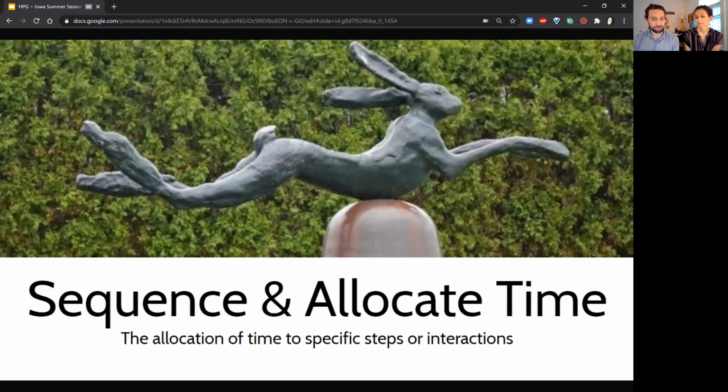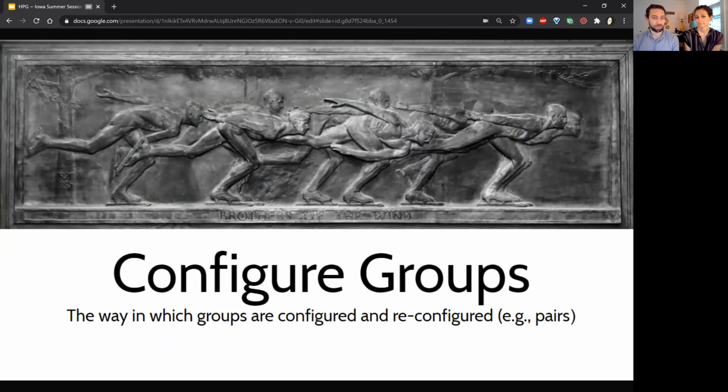The sequence and allocation of time, again, is about how much time is allocated to each part of an interaction. Configuration of groups, as Anna described, often is the number of people in a particular interaction, and sometimes the configurations can be related to role or function, but infrequently, at least in the liberating structures.